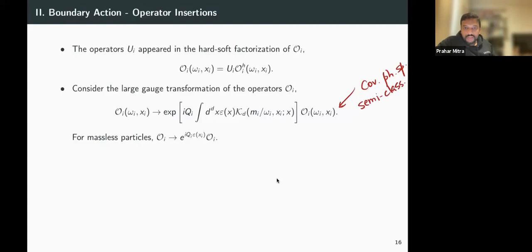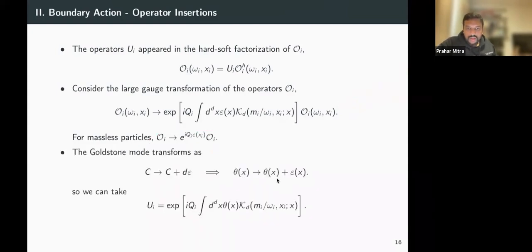So the operators transform in this sort of non-local way. And again, remember everything localizes for massless states. So massless states, I think, really have this locality property. All right.